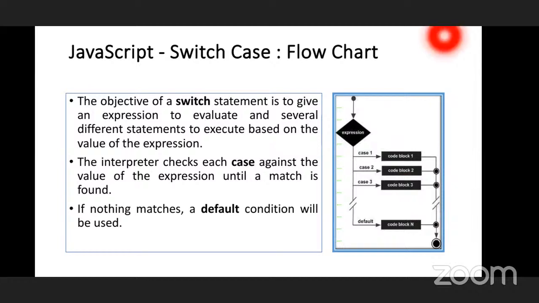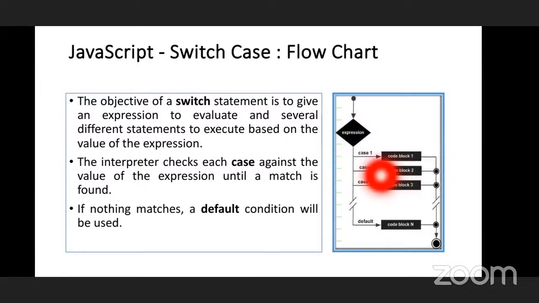For example, if that value is not matching with case 1, then it is going to check the case 2 value with the switch value. That also may or may not be true. If that is true, case 2 statements only will be executed.